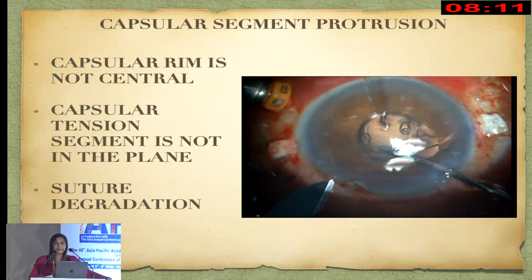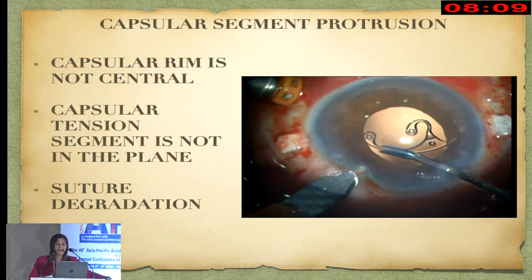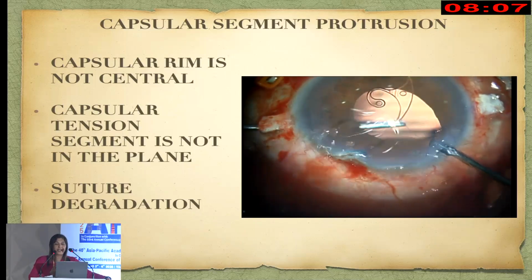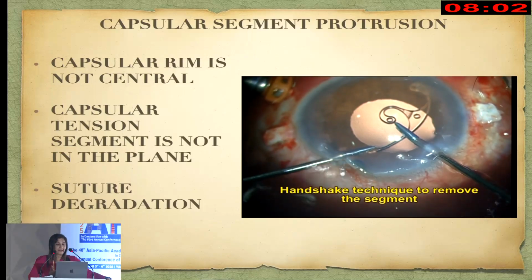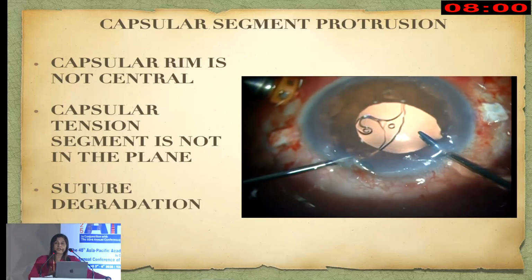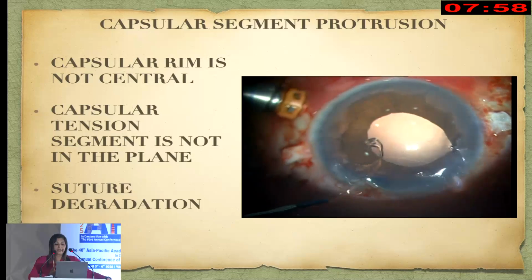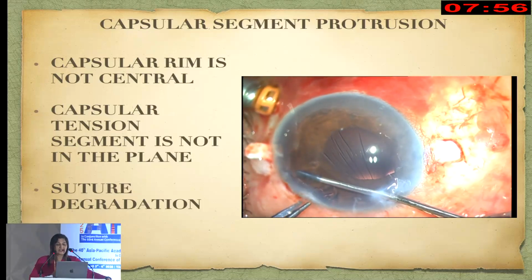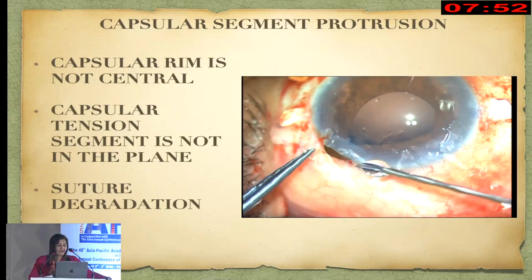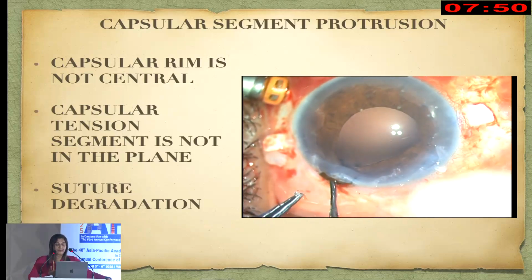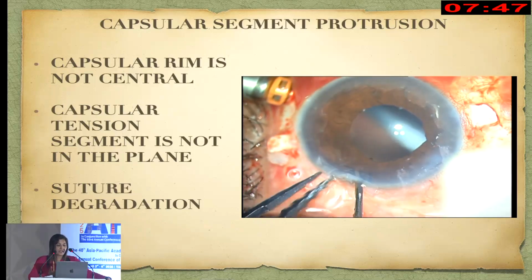The lady had pseudoexfoliation, and this segment was placed, but because the segment did not hold it in place due to the suture degradation, the bag was not stable. So this important aspect has to be taken into consideration, and for this case we had to remove the endocapsular segment totally.